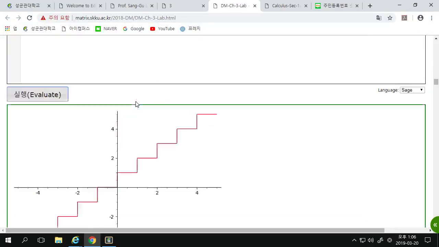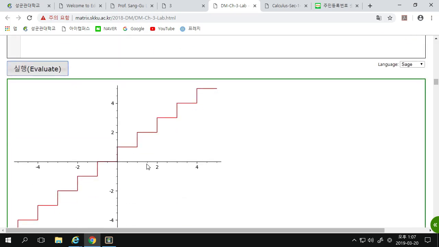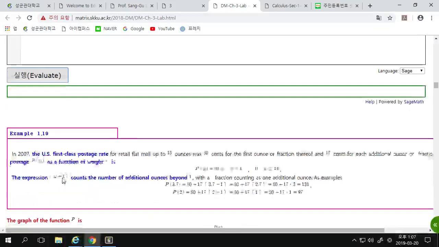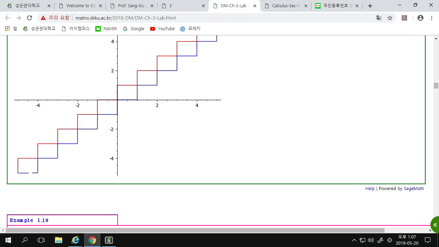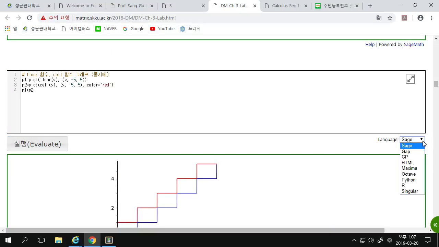It's above and it's at the bottom. Between 0 and 1, the floor function is going to be 0, but on the ceiling function, from 0 to 1 it is 1. If you draw those together, then you will see the ceiling function and floor function at once. This is one way of using it. This is a Python-based graph.